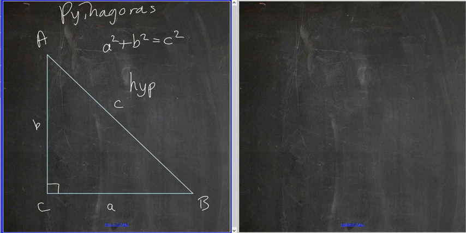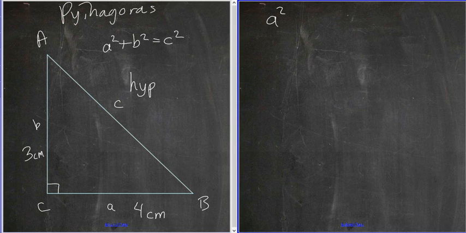This formula allows us to calculate the length of a hypotenuse or another one of the sides of the triangle if we're given previous information. I'm just going to use as an example the classic 3, 4, 5 triangle. Obviously this is not drawn to scale. We're going to designate this as being 3 centimeters and this as being 4 centimeters, and we're going to calculate c squared.